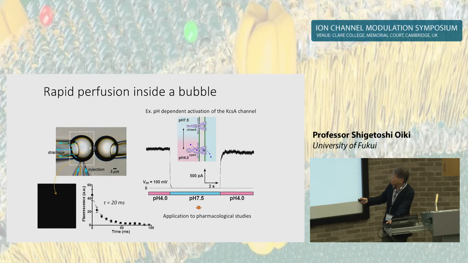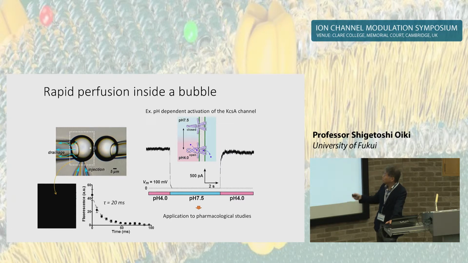We can change the solution within 20 milliseconds. The KcsA channel is pH sensitive. So when the intracellular side is changed from neutral to acidic, the channel activity is immediately abolished, and it returned when the pH returned to neutral.